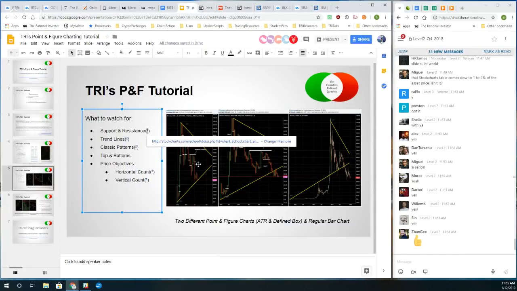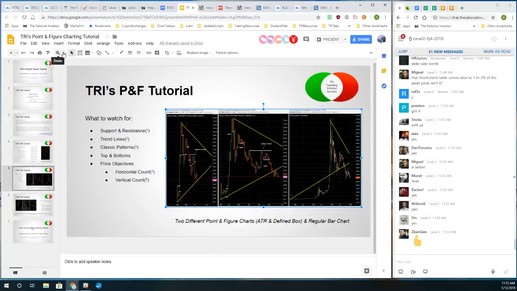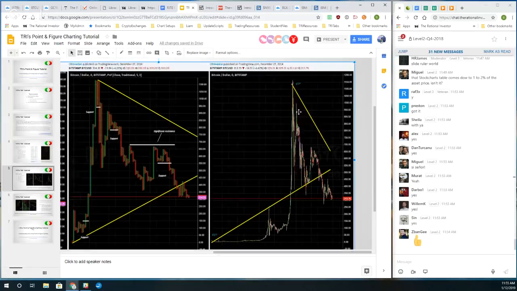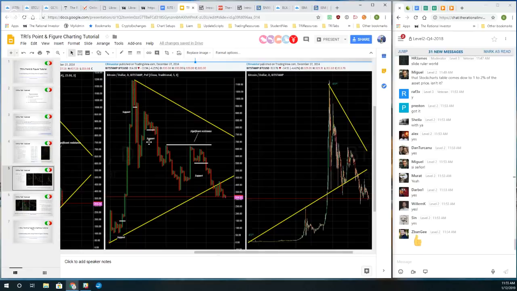So, you'll notice here on this slide that I've included in this image, right? Here is the entire price history of Bitcoin, and it's awfully tough to see what's actually going on in this image, especially if we zoom in here. Right? I mean, it's very traffic-y, and yet this is exactly the same image on a point and figure chart.